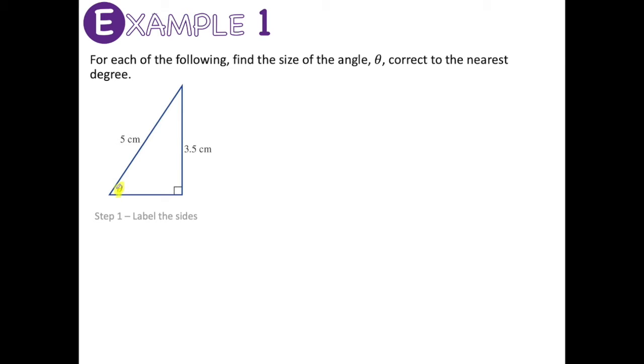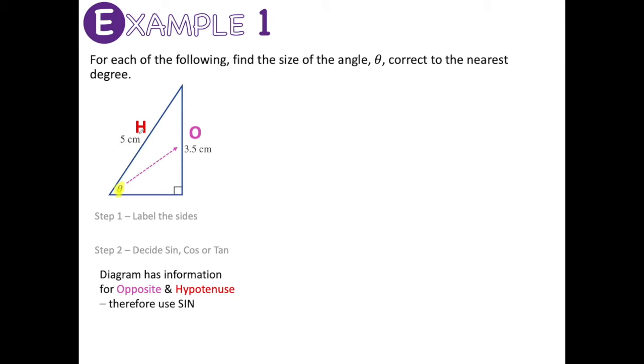Looking at the specified angle, I've got 3.5, which is opposite the specified angle, so I'm going to label that opposite. And I've got the hypotenuse side of the triangle. After I've labeled my sides, the next step is to decide whether it's going to be sine, cos, or tan. Considering I've got opposite and hypotenuse, I'm going to use sine.